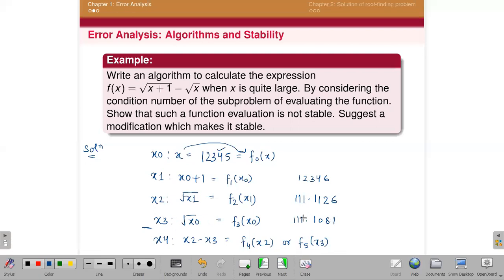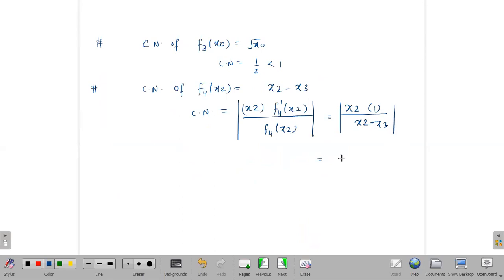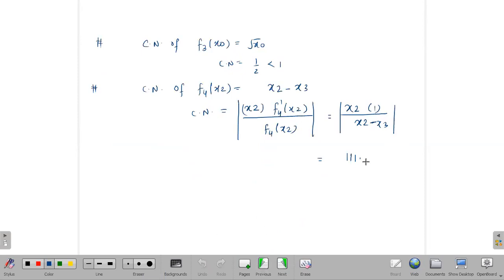So now x2 is this, x3 is this. So let us put these values here. So it is 111.1126 minus 111.1081.